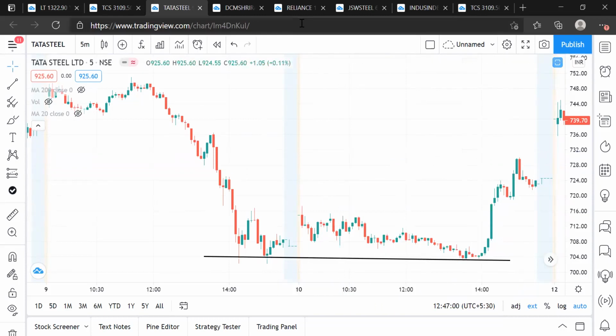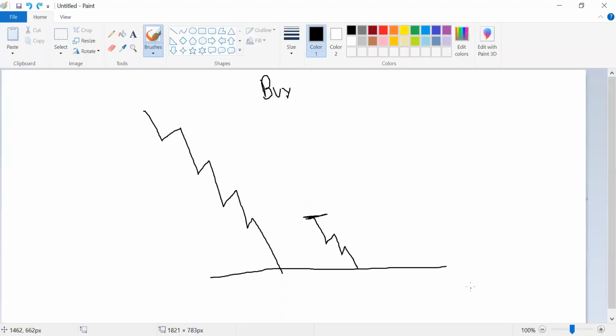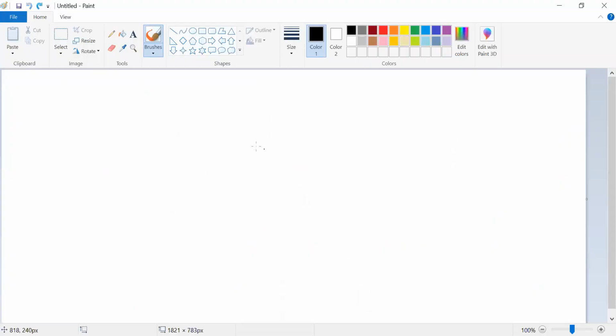Now let's have a look at the sell setup. The sell setup is completely opposite of the buy setup. Over here, we look for stocks that have rallied during the previous day.